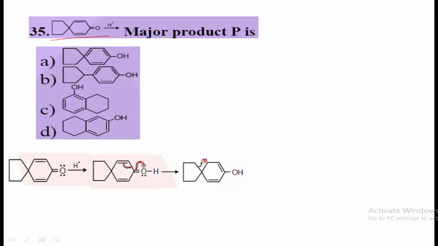Now this will undergo ring expansion. How many bonds are there here? 1, 2, 3, 4, 5. Then it becomes 6. It becomes a 6 membered ring. It is said to be ring expansion. Upon ring expansion, it gives a positive charge here at this carbon.